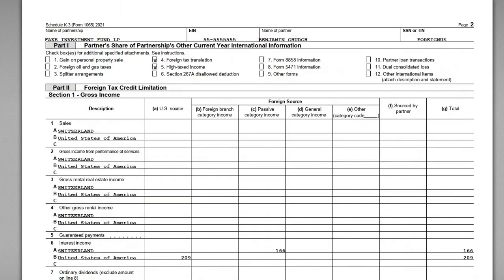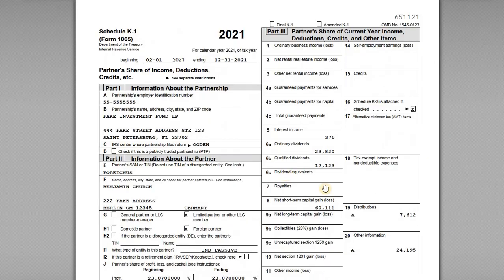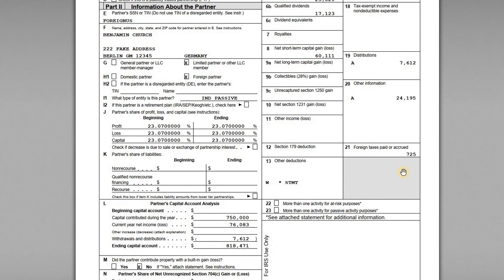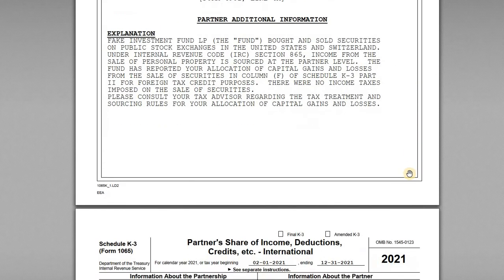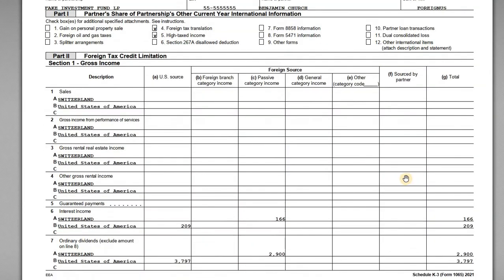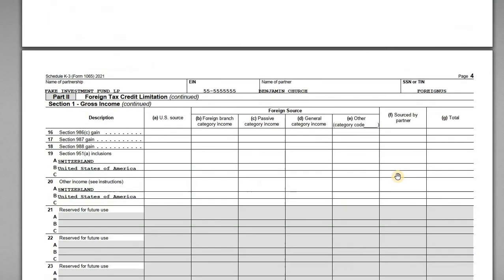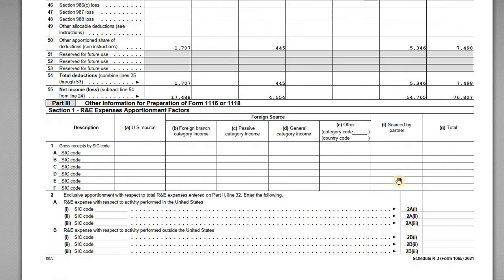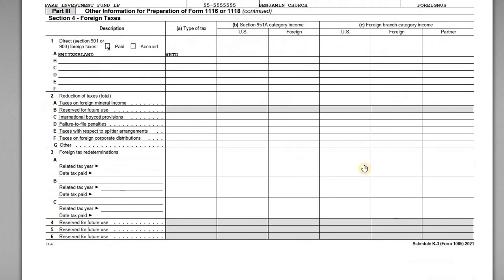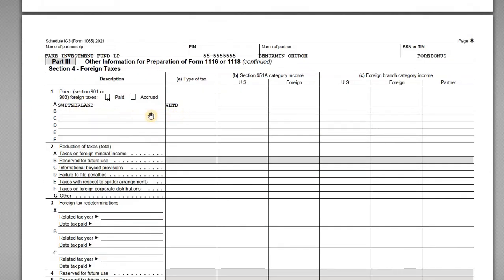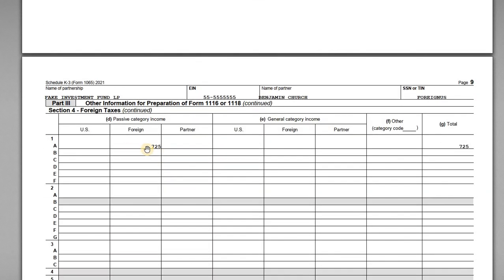So if we jump up to his K-1, we can see here, yep, there it is, $725 in foreign taxes being allocated to him. And then that amount should also be down here in the foreign tax credit limitation section. Let's see, part 3, section 4, right? So Switzerland withholding being allocated to Ben in the passive category income. There it is, $725 of foreign income tax withheld on that passive category income.